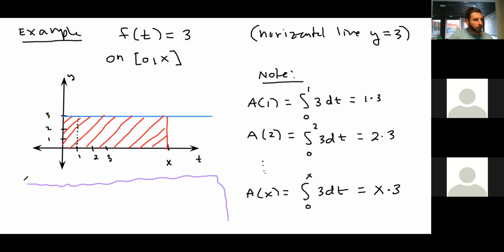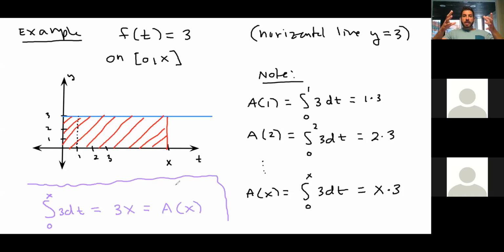I'm making the following observation. The integral from 0 to x of 3 dt is just equal to 3x. Or another way of saying that is that A of x is equal to 3x.